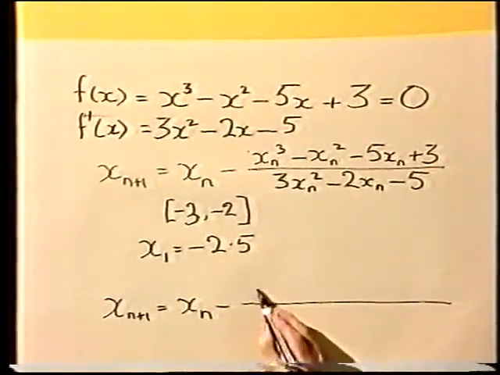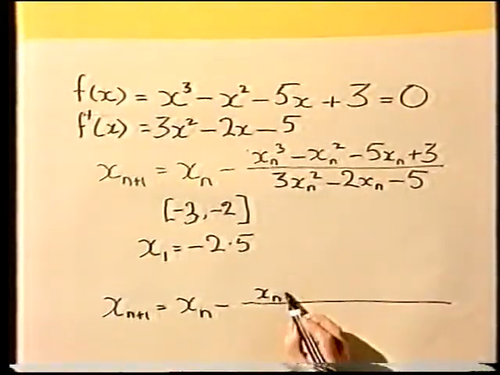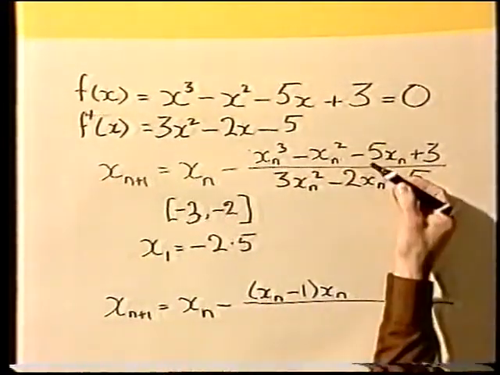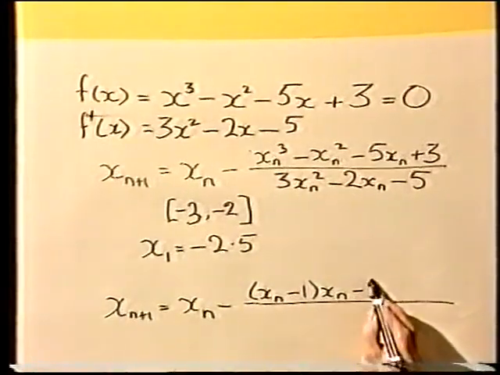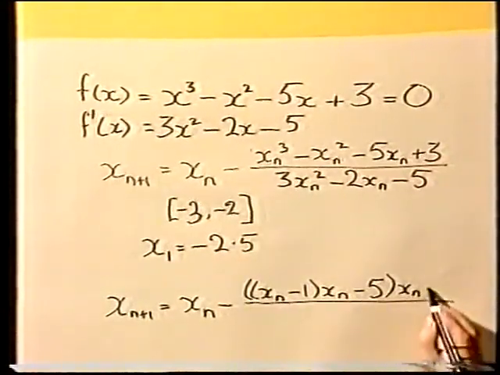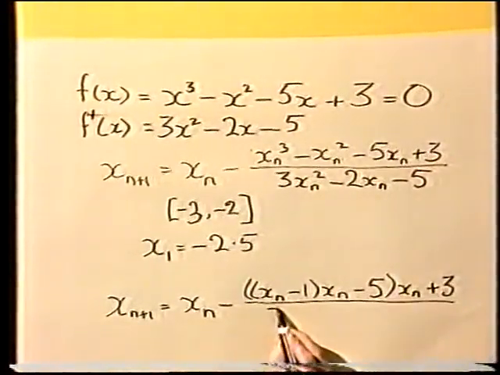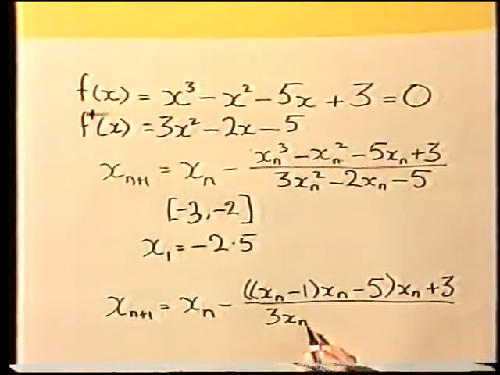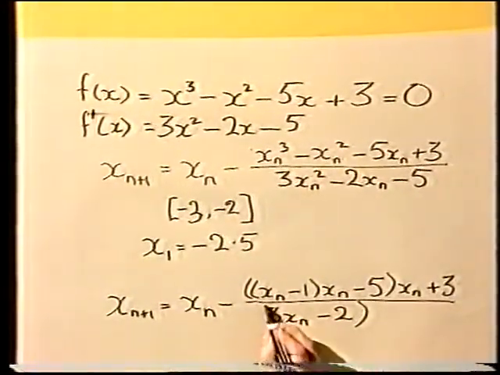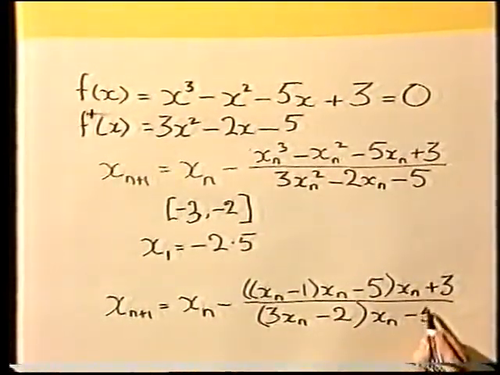I start with xn, and then put in the coefficient of the next term, that's -1, multiply the lot by xn, bring in the next coefficient, -5, multiply that whole lot by xn, and finally add the 3. Same for the bottom line, 3 times xn to start with, then the next coefficient is -2, multiply that lot by xn, and then finally -5.